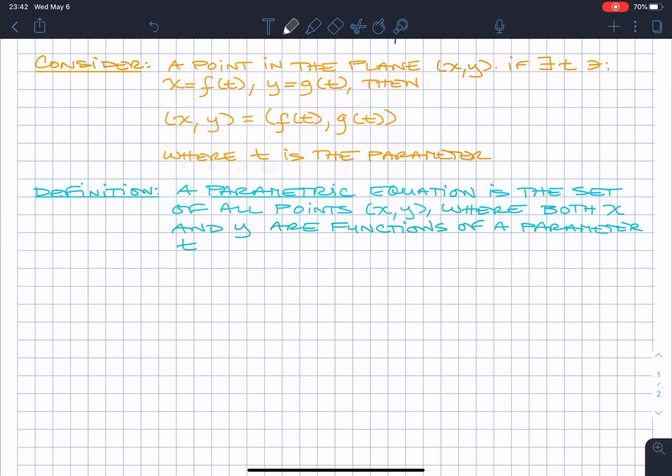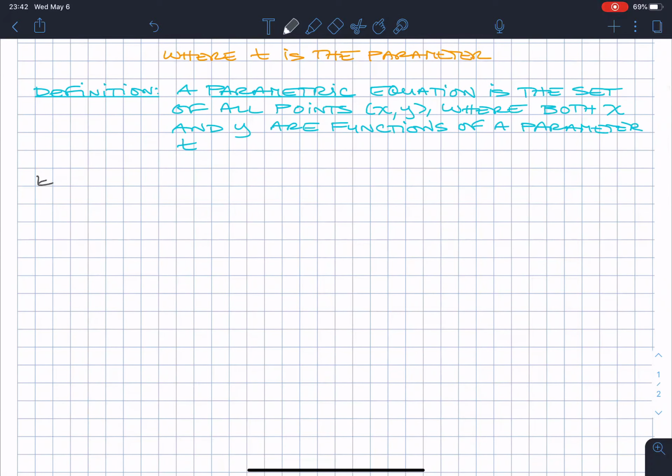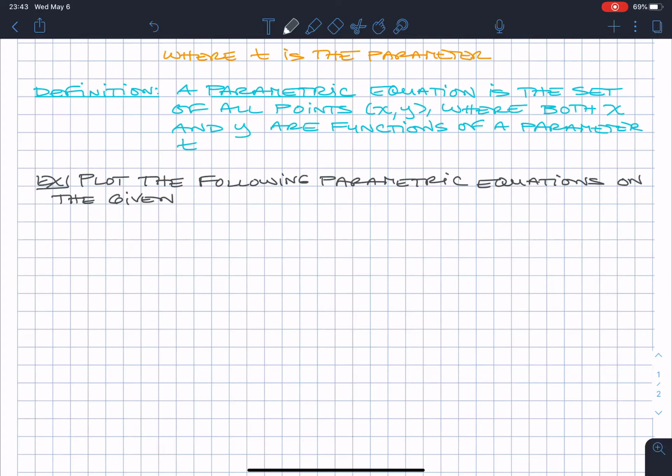Okay, so what do I mean by this? Let's see this in action. So for example, let's plot the following parametric equations on the given interval for t.